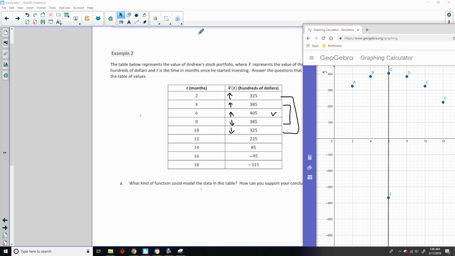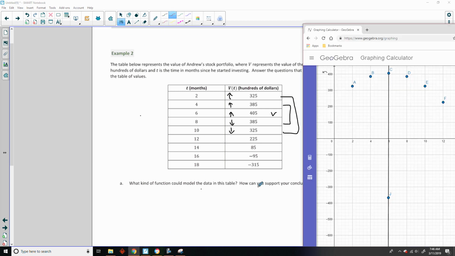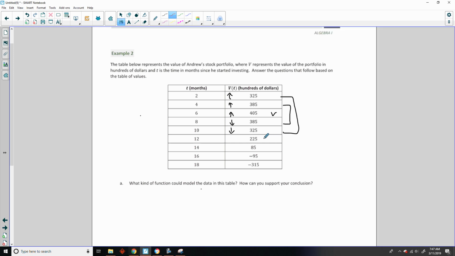So if I had another dot over here mirrored across F, it looks like it would be right here. And F was my vertex. Then 385 was D, 325 was E, and this was my F right here.